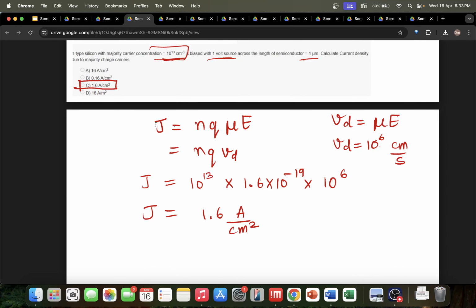Then we saw the relation between the drift current and drift velocity. It is nq Vd, where Vd is the drift velocity. So if we know Vd and the carrier concentration, we can find out the drift current.